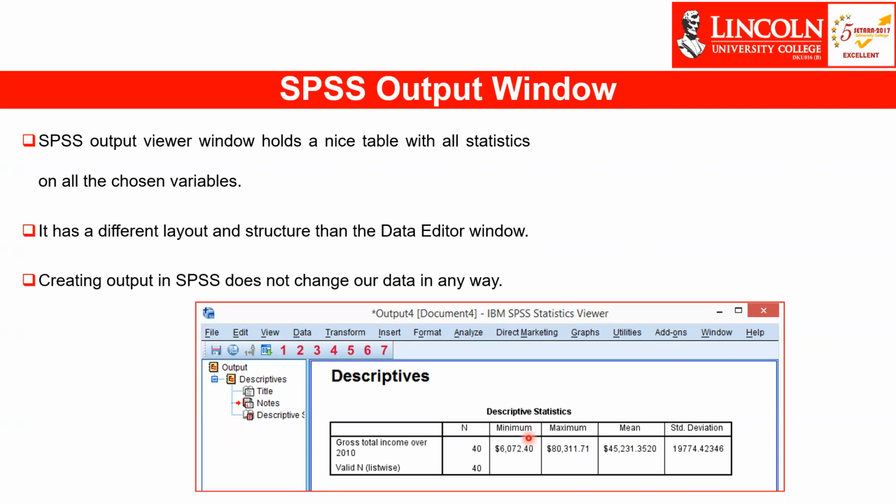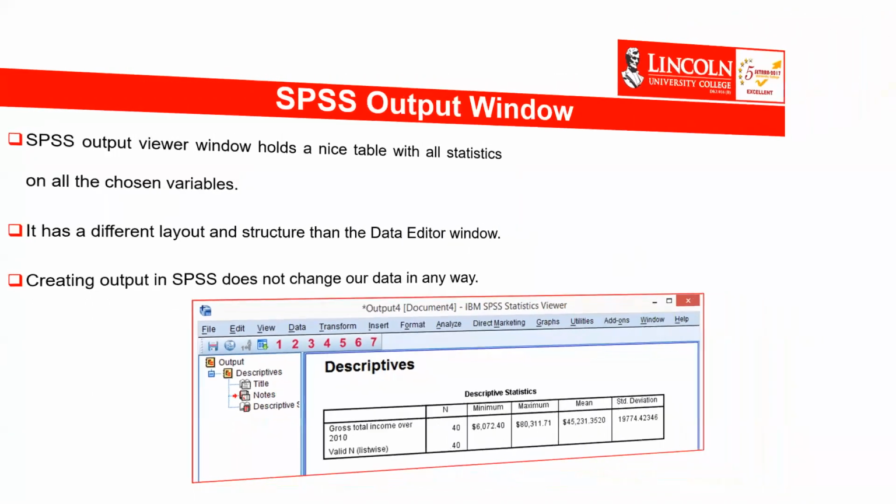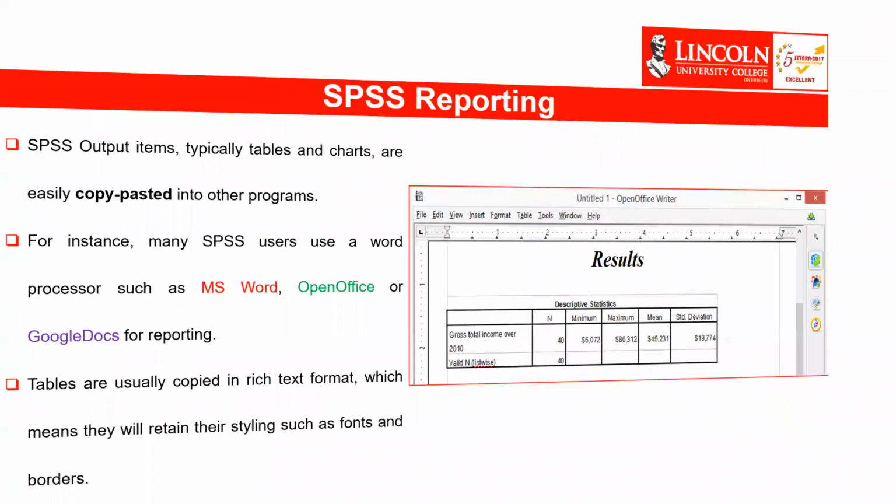Creating output in SPSS does not change our data in any way. It only performs some computation and shows you the result. This is what you get on your output window, and this is where you get the result of your analysis. If there is an interpretation, this is where you get those kinds of things.